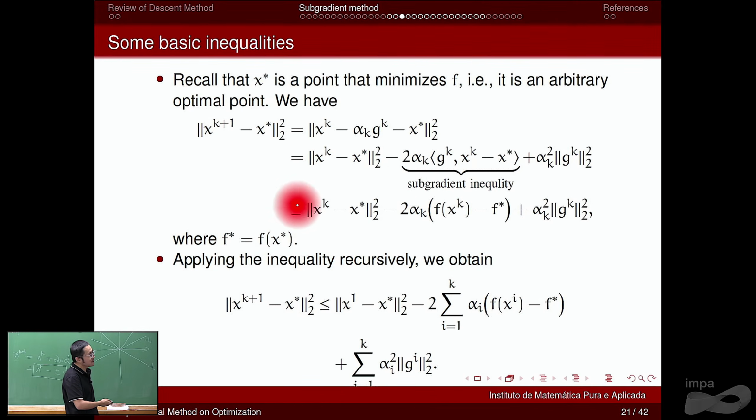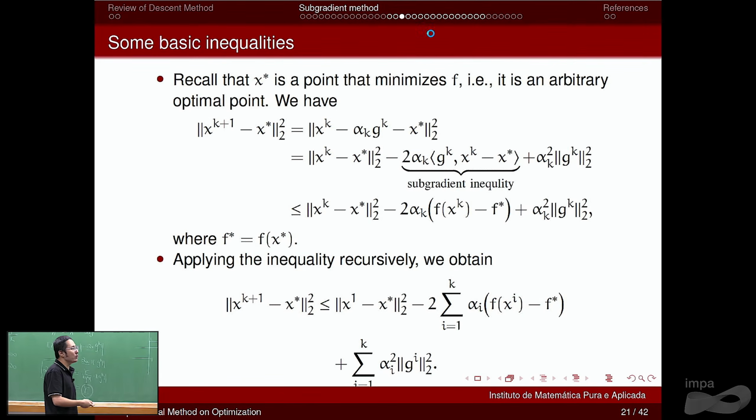Okay, so you have this less than or equal to minus 2 alpha k times f of xk minus f star, where f star is f of x star. The only thing we used here is the subgradient inequality, and you can check it in the previous definition in the previous slide, okay.